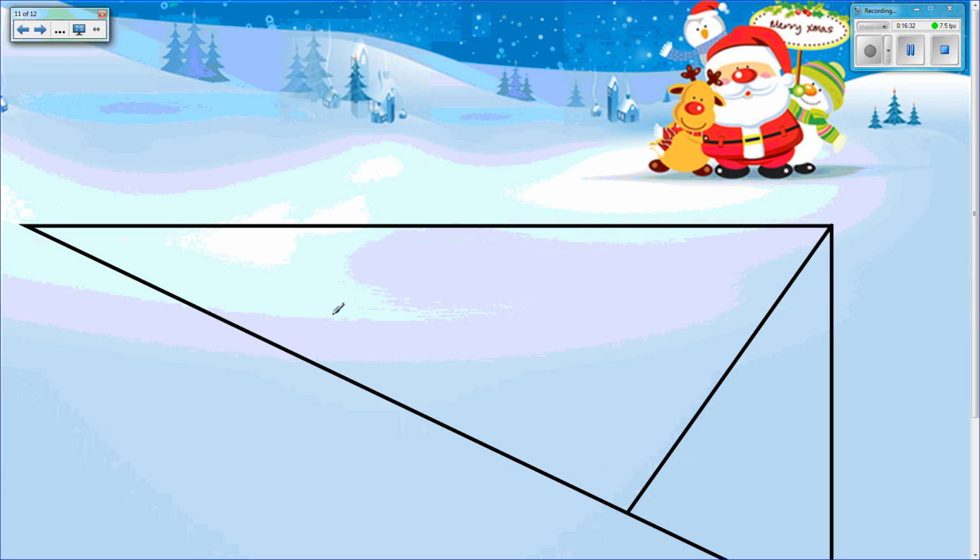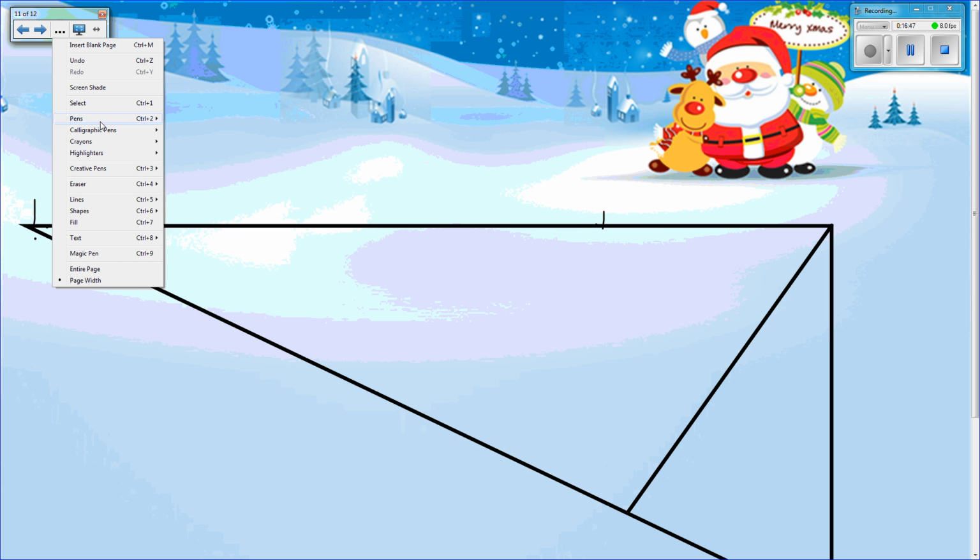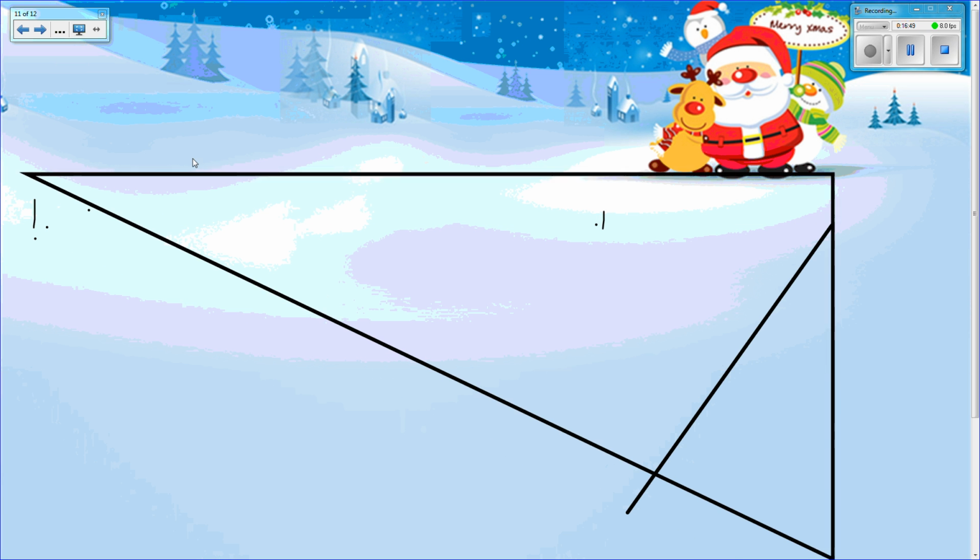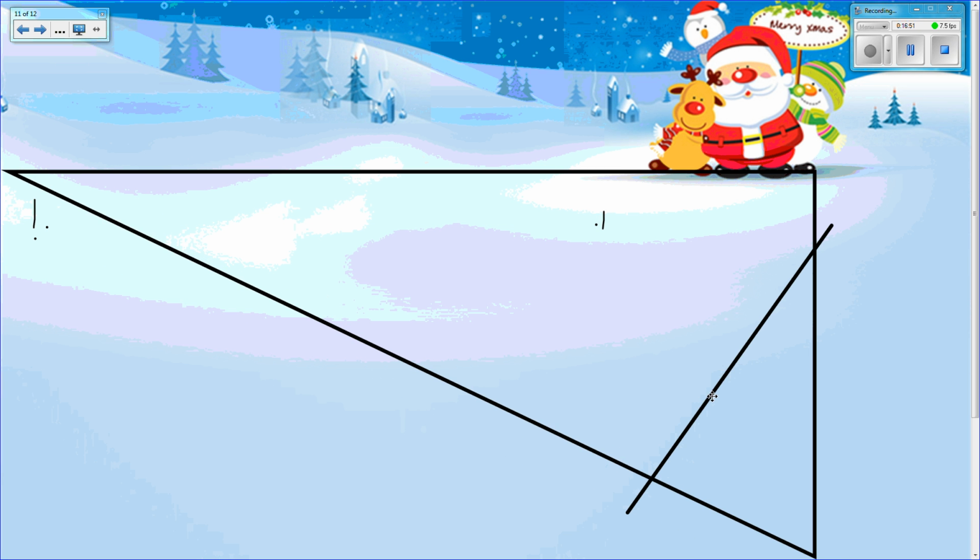All right, on the back, if you will, draw a right triangle so that we can do our hook. So that we can see everything.